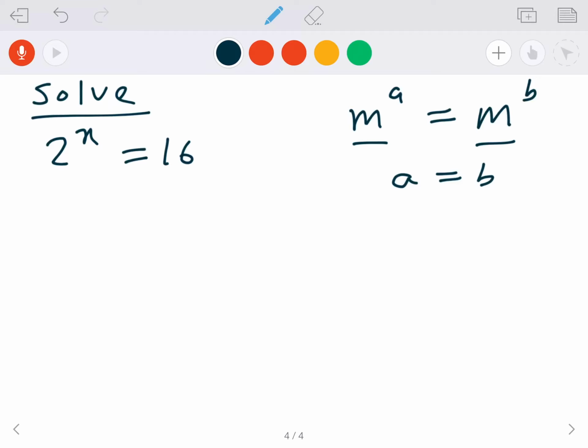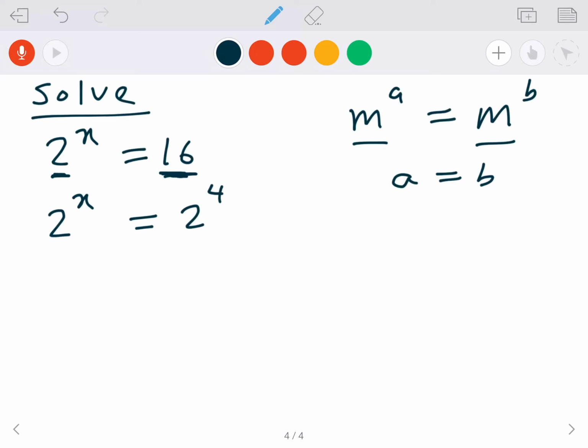The idea here is, since we have 2 as the base, on the right hand side we want to change this to base 2. On the left hand side we still have 2 to the power x, and on the right hand side 16 we can write as 2 to the power 4.